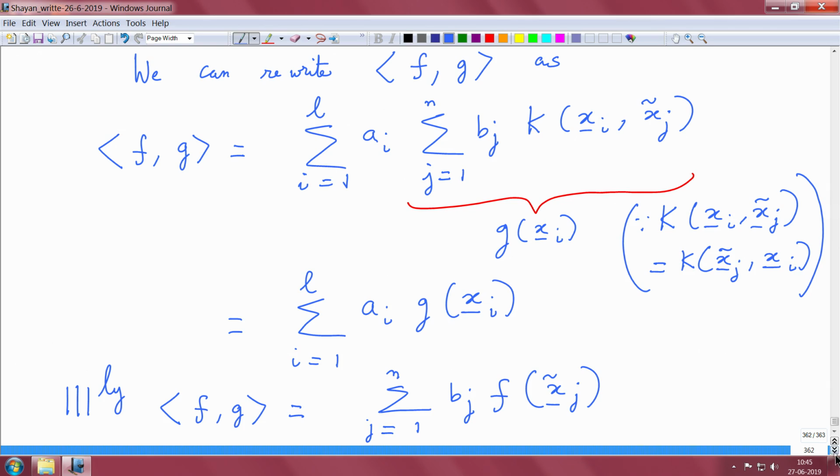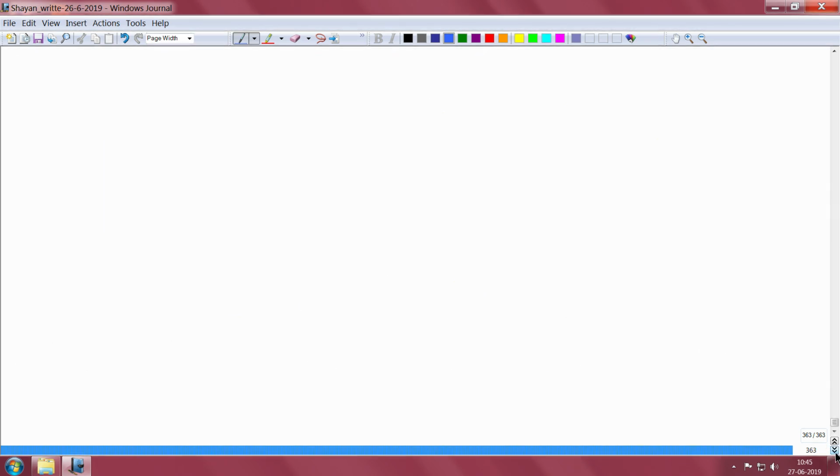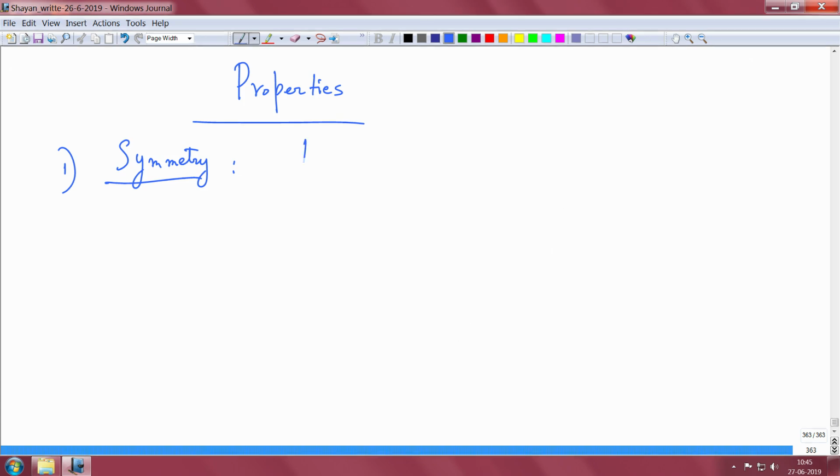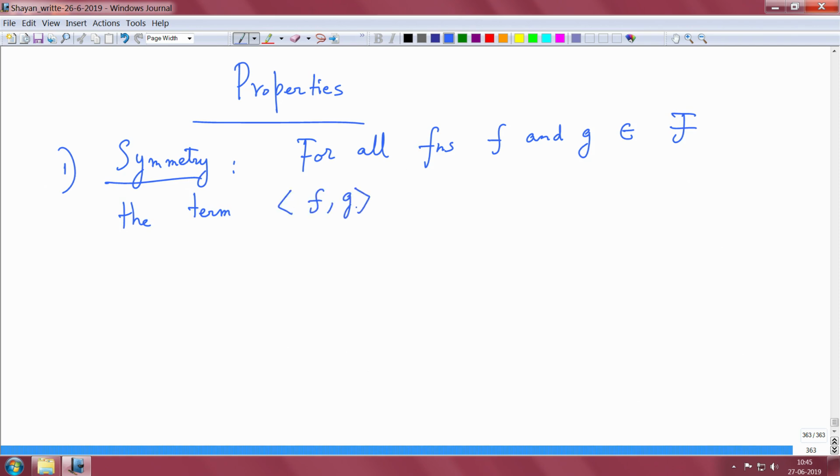And let us list some basic properties here. The first is symmetry. For all functions f and g that belong to this inner product space, the term which is given by the inner product of f and g is symmetric.